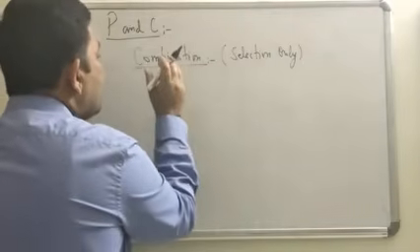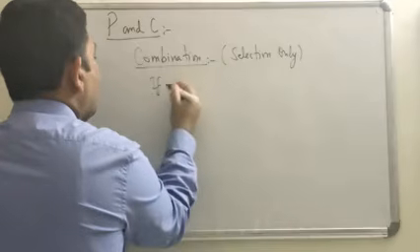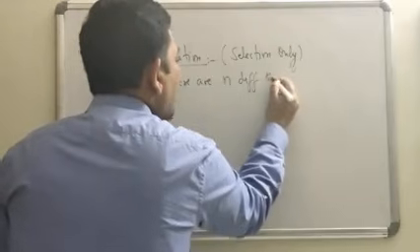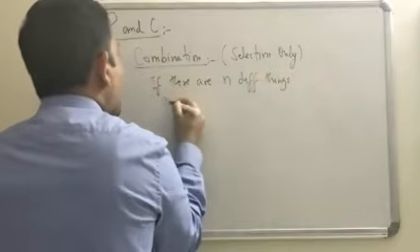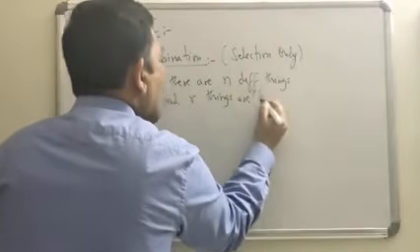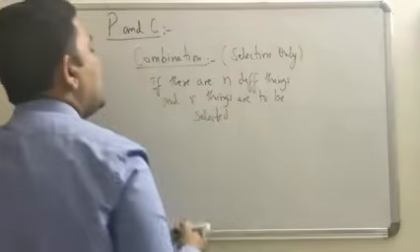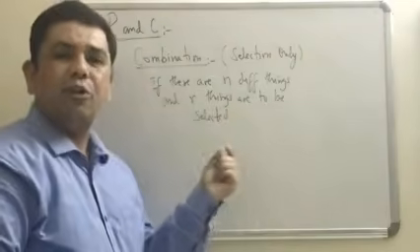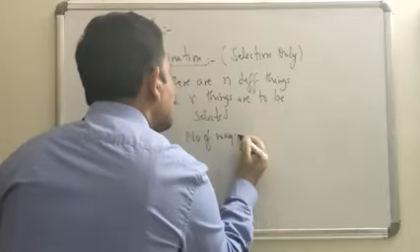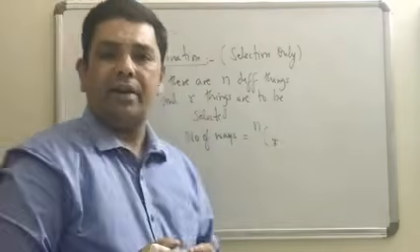Now we would like to introduce combination by saying that if there are n different things and r things are to be selected, then the number of ways of doing so is represented as NCR.